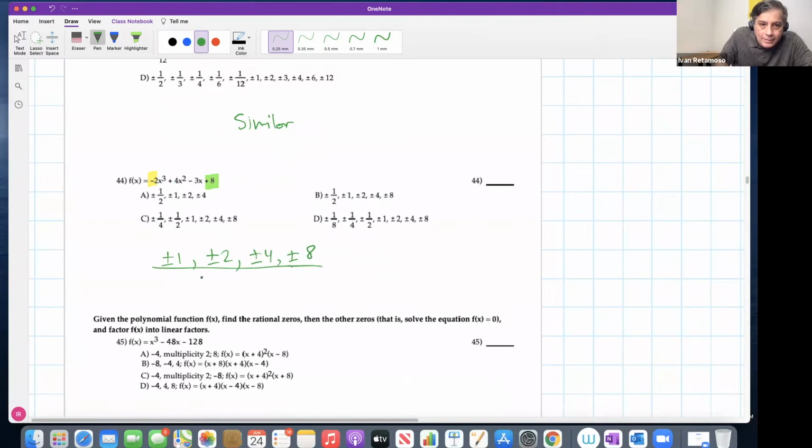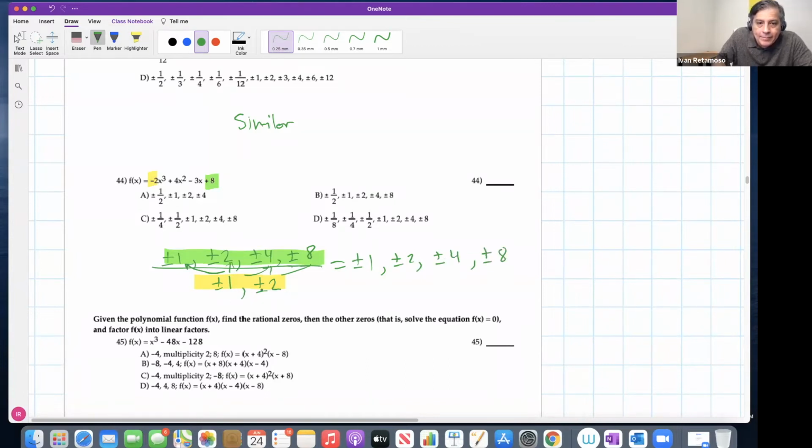In the bottom, I have to have divisors of -2: plus minus 1, but also plus minus 2 now. So if you divide 1 into each of these, you get plus minus 1, plus minus 2, plus minus 4, plus minus 8.